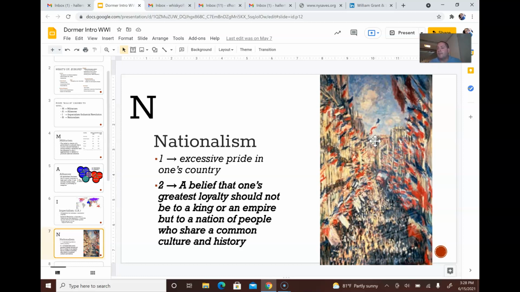So if you are a British nationalist, you're going to want to see the British Empire expand. But if you're, let's say, somebody living in Austria-Hungary, and you are living in Romania, you may not necessarily feel love for the Austro-Hungarians. You may feel more love for the Russians. And so there's sort of two pieces to nationalism, right? There's the higher level, which is connection to this empire, this larger entity.